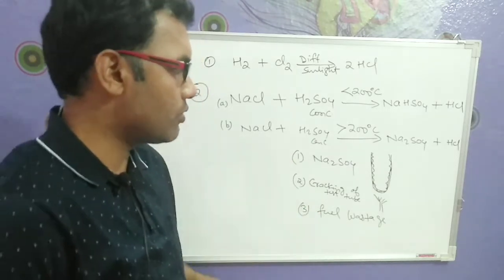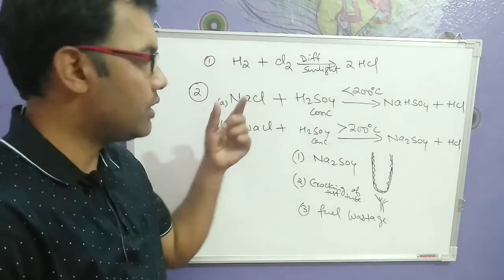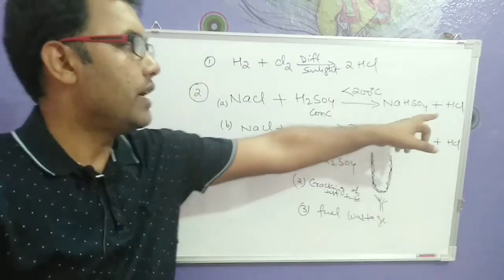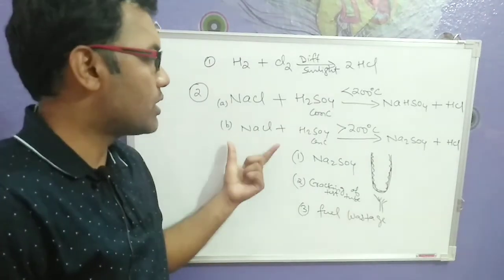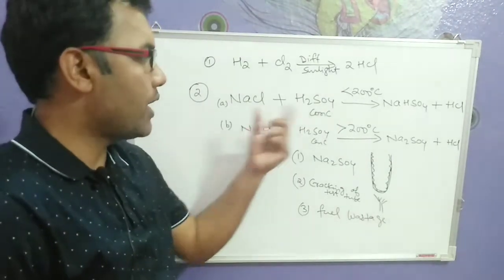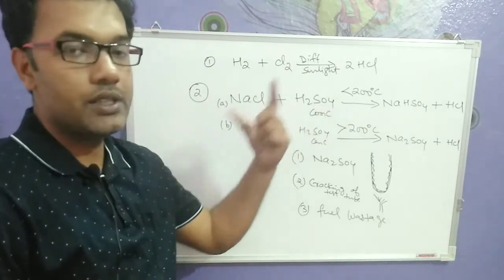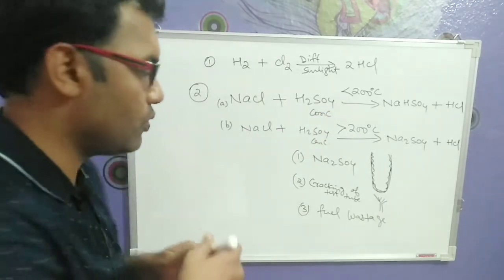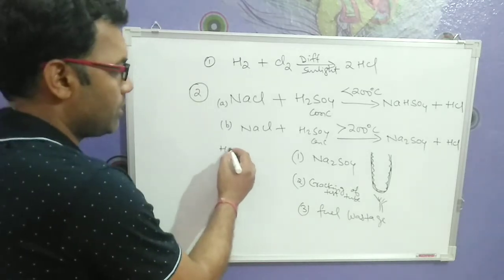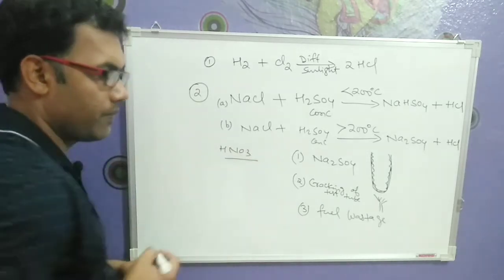Now another question, this was the first part in the lab preparation of HCl gas. Now the second question which comes is, why do we use only concentrated sulfuric acid? Why don't we use some other acid, for example nitric acid?